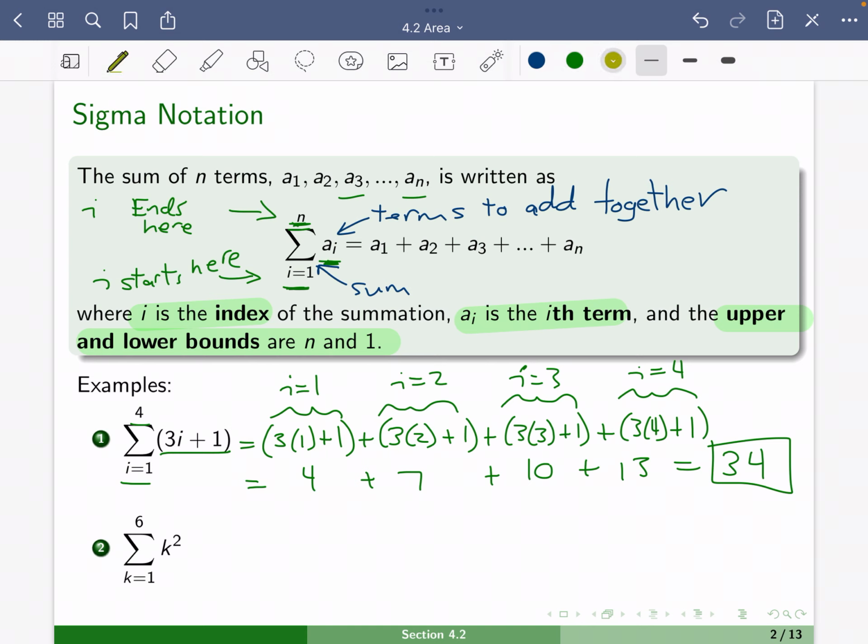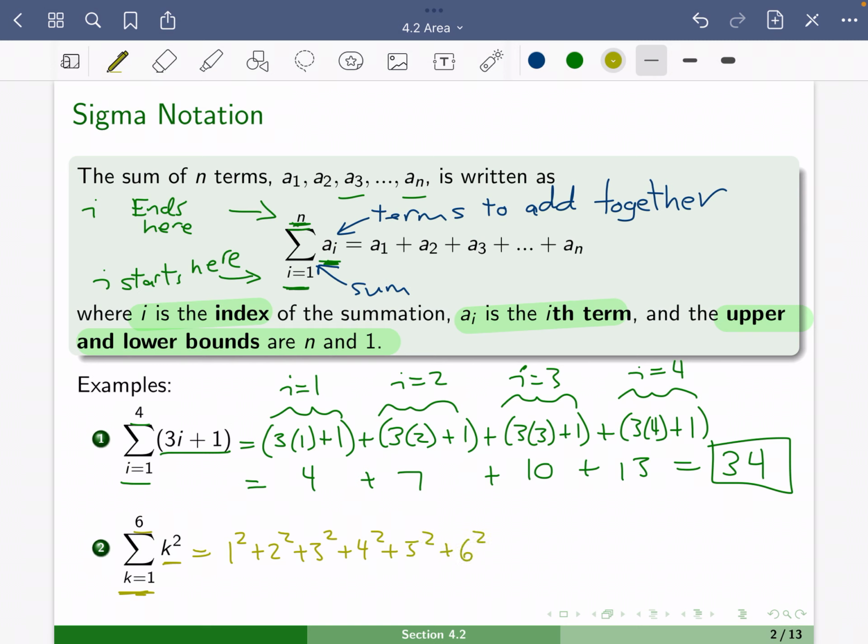Excellent. Let's look at the next example. Here we have a sum k equals 1 to 6 of k squared. So our index is k. We're starting at 1, so we have 1 squared plus 2 squared plus 3 squared plus 4 squared plus 5 squared plus 6 squared.